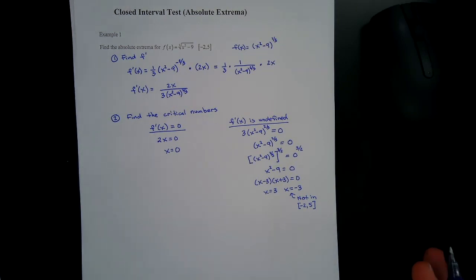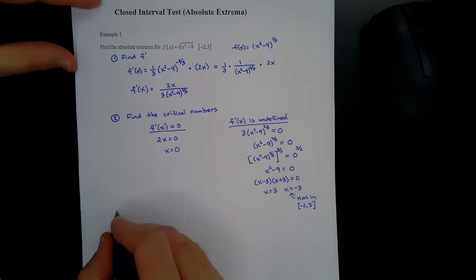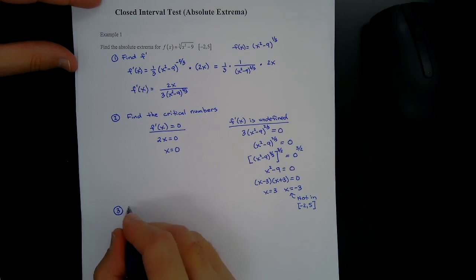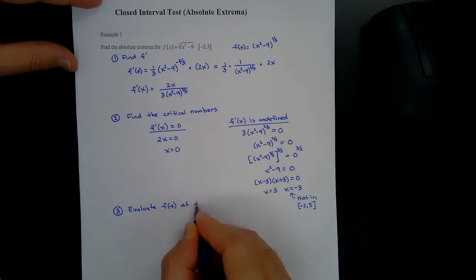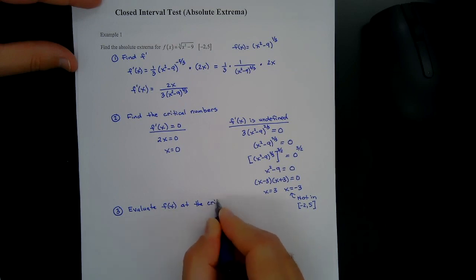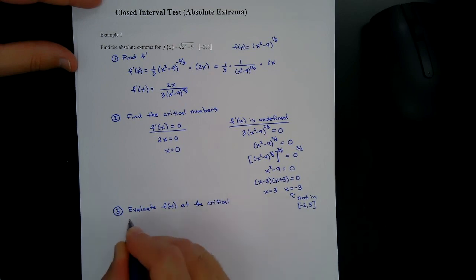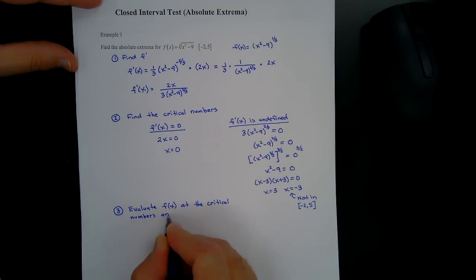So the last thing to do is take the critical numbers along with the endpoints and evaluate them, put them into the function and see what they equal, okay? So the third step in this is to evaluate f of x at the critical numbers and the endpoints.